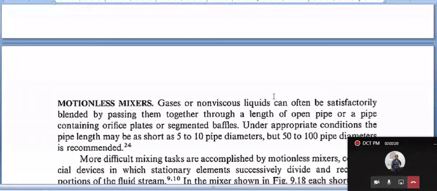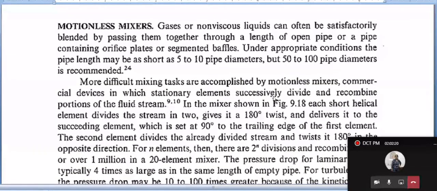Then, under appropriate conditions, the pipe length may be as short as 5 to 10 pipe diameters, but 50 to 100 pipe diameters is recommended. See, if the diameter of the pipeline is 1 inch, the length will be 100 inches. So you got this point now. Why 100 inches?